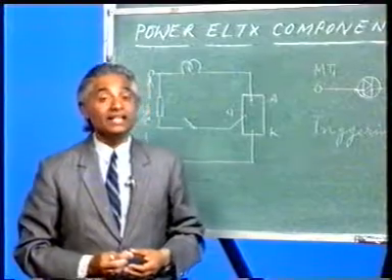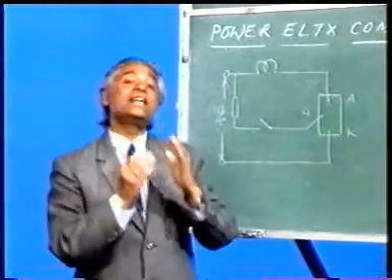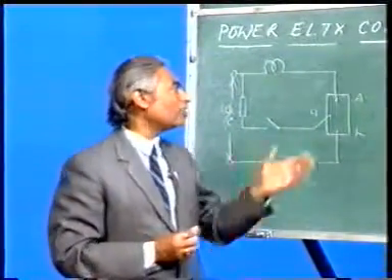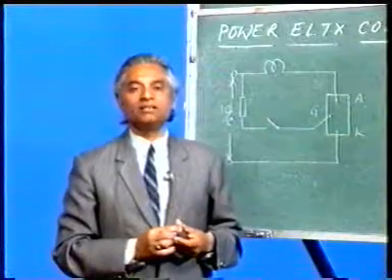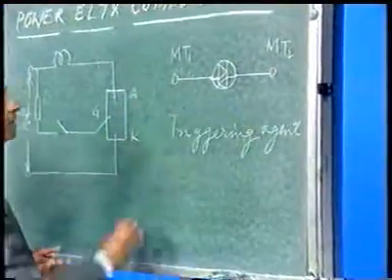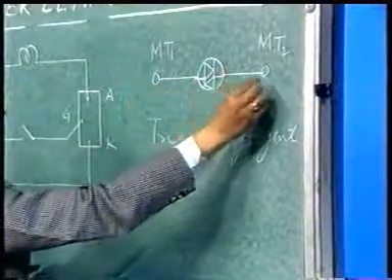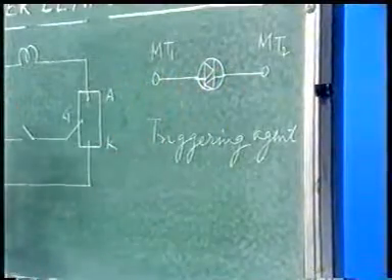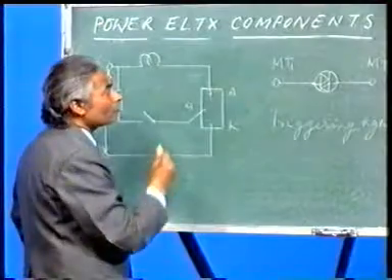Only thing is you have to know whether it is healthy or not, and its health cannot be checked with the help of a multimeter. Why? Because the device is only going to conduct when a particular supply has been given between MT1 and MT2. That is known as the breakover voltage.